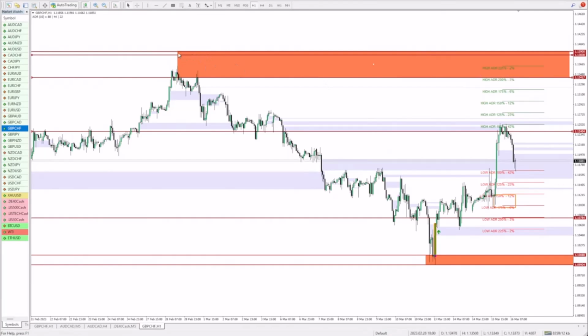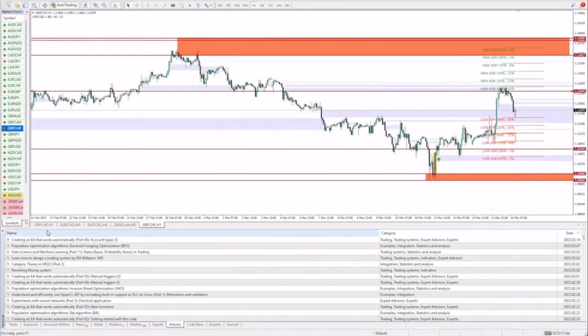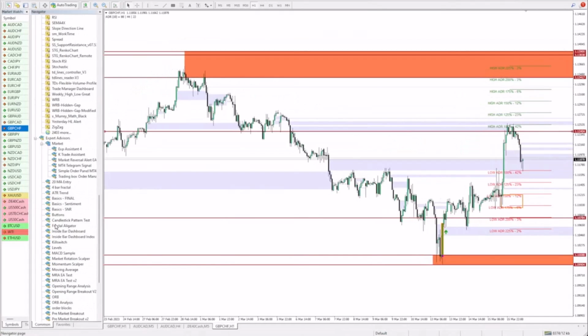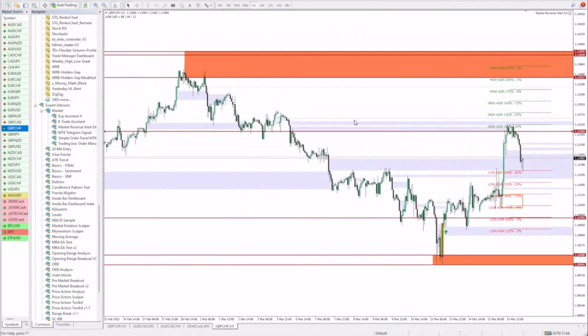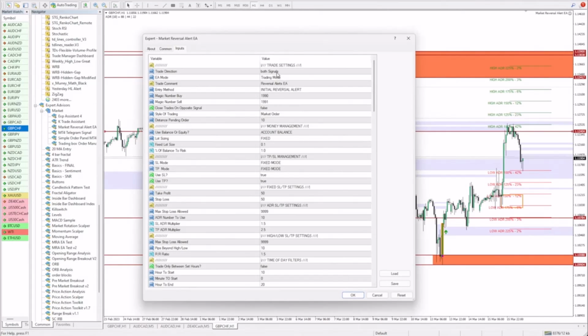So calculating your lot size on that, obviously you can use lots of things. You can use the price action toolkit to get in. You can use the market reversal alert EA. So with the market reversal alert EA, literally all I'm doing when I put the EA on is I'm saying, get me in on the next short signal, right? And I will calculate roughly what stop loss I want to use.